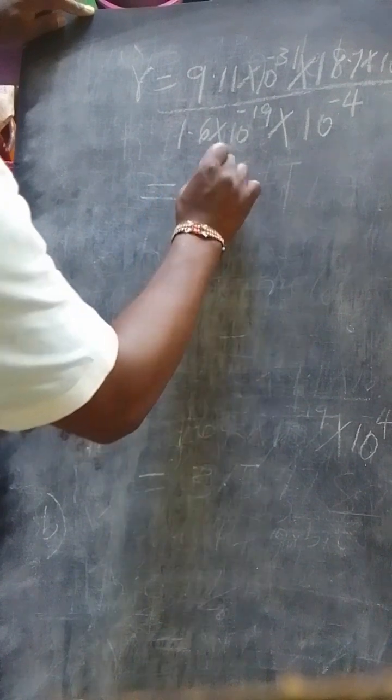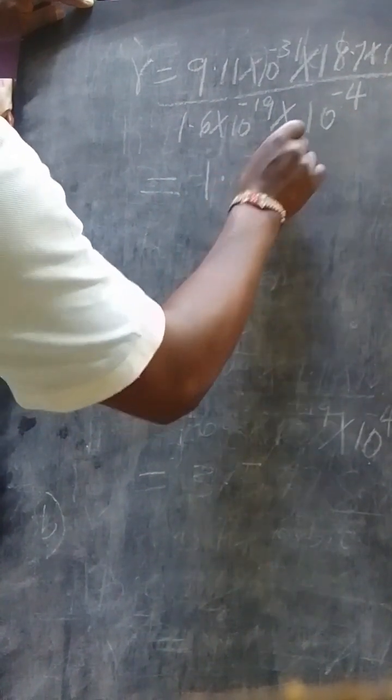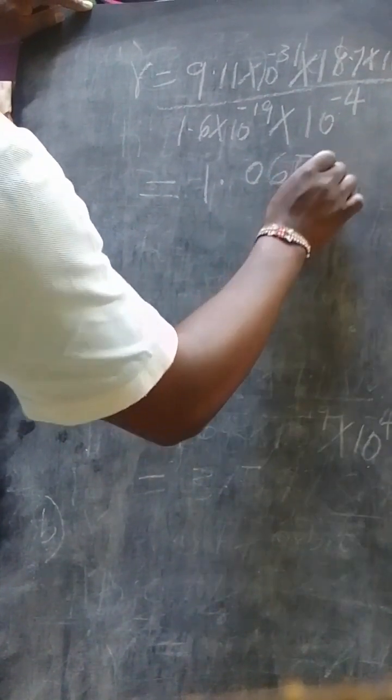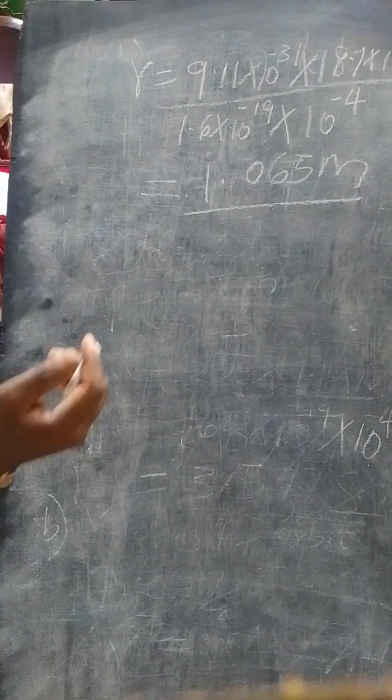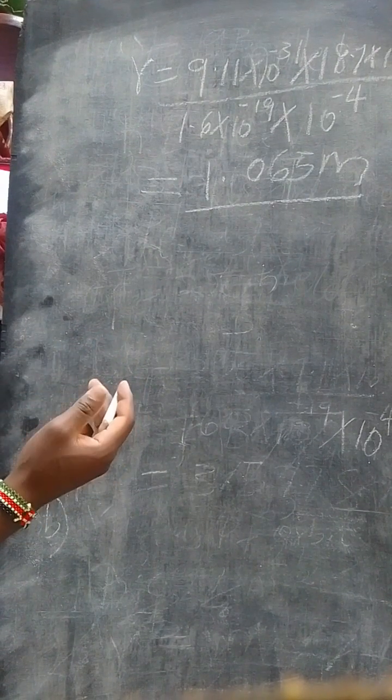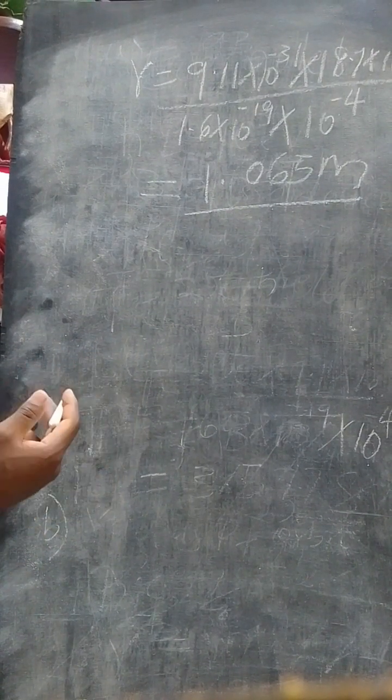The radius will be equal to 1.06 meters. This is the radius of the circle our charged particle will make as it moves in a magnetic field.